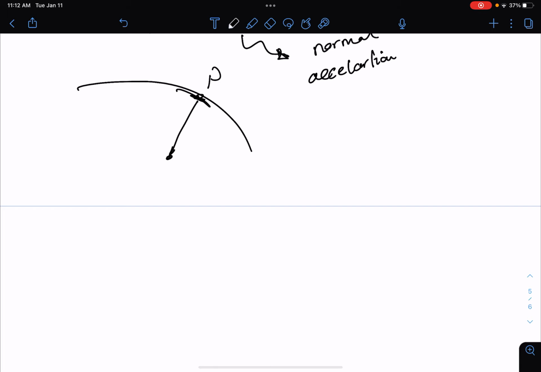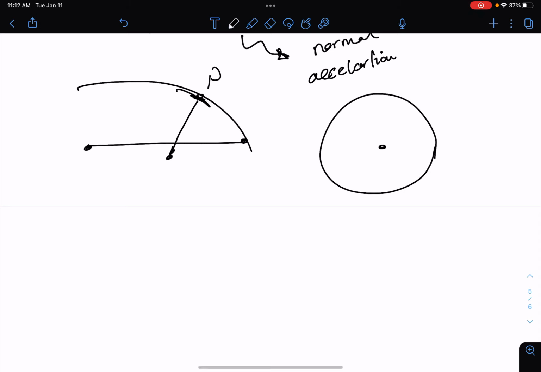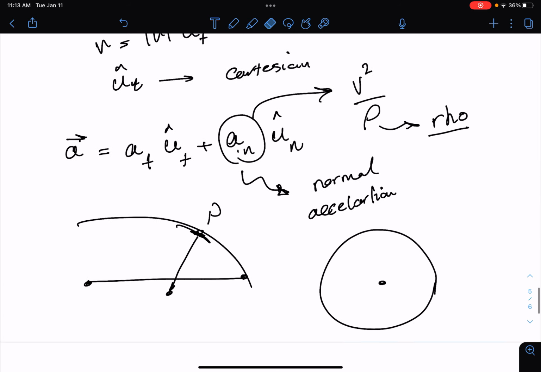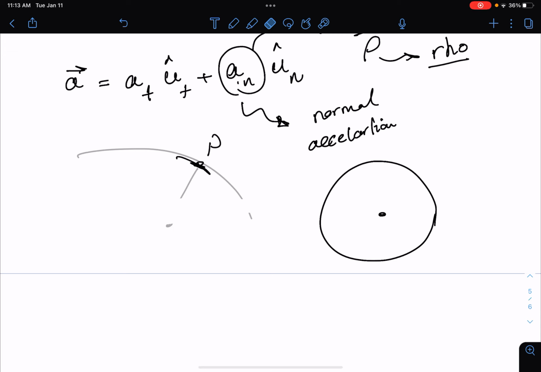At another location, this distance can go here and the center of that circle can be somewhere else. The point is your curvature can change along your path. For a circular path, the radius of curvature is just the radius. So your normal acceleration is going to be v squared divided by the radius.